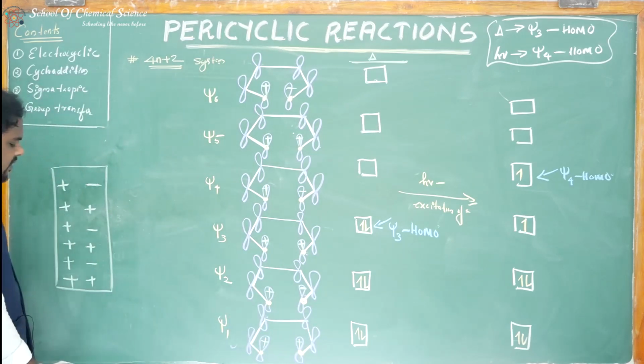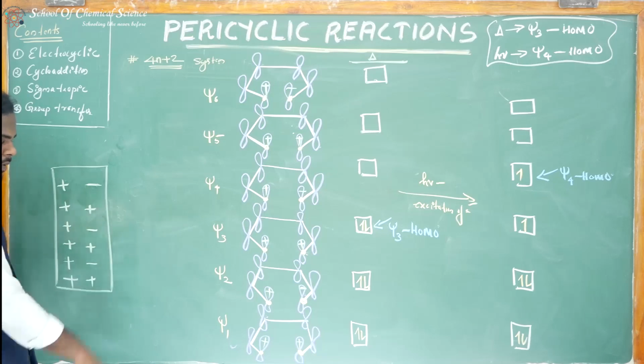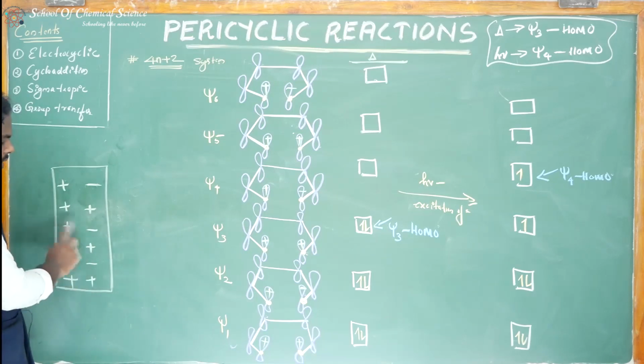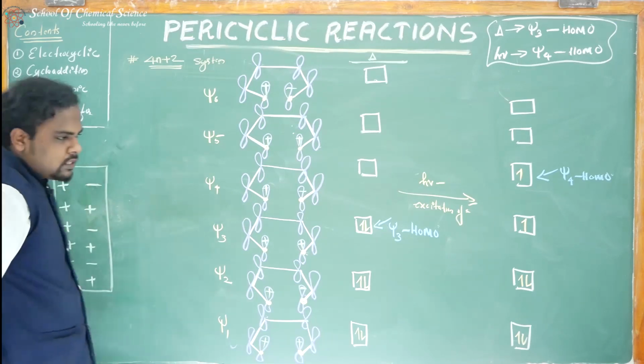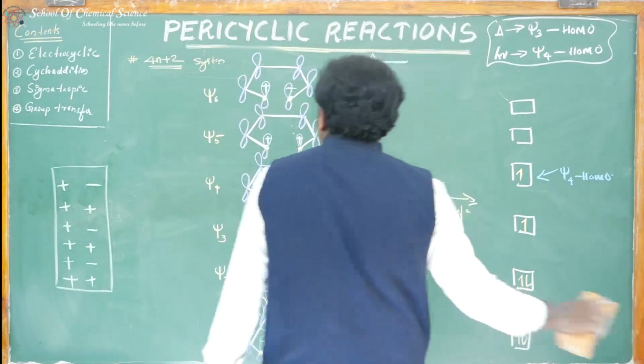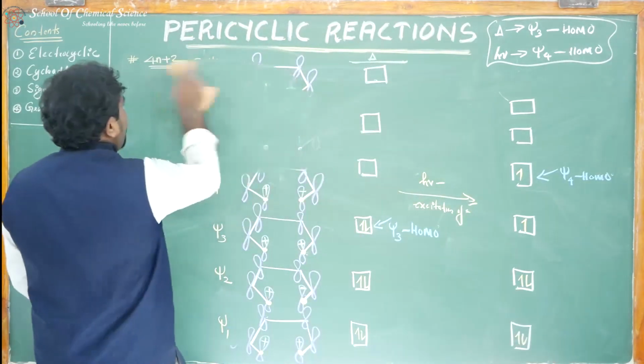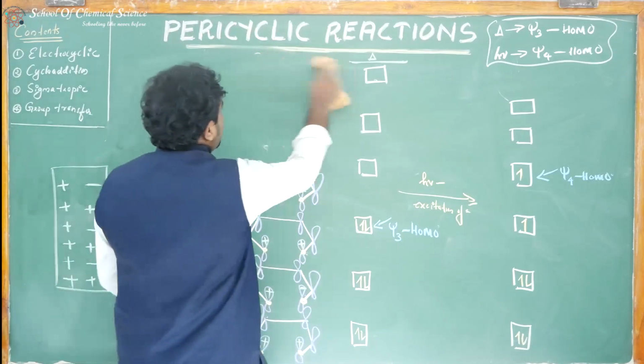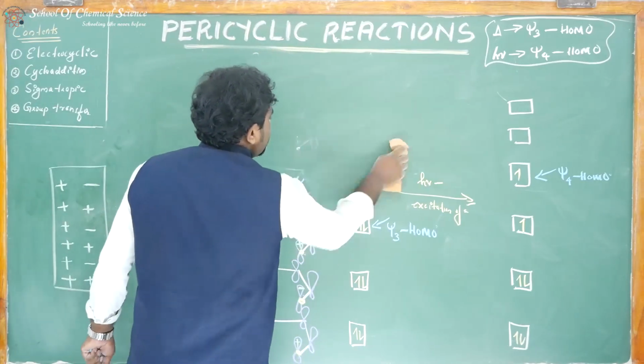So thermal psi 3 is the HOMO, photochemical psi 4 is the HOMO. What is the sign of psi 1, psi 2, psi 3? Carbon 1 and 6: plus plus, plus minus, plus plus, plus minus. So we can explain the mechanism of how the new bond is formed between carbon 1 and carbon 6 in a 4n plus 2 system.